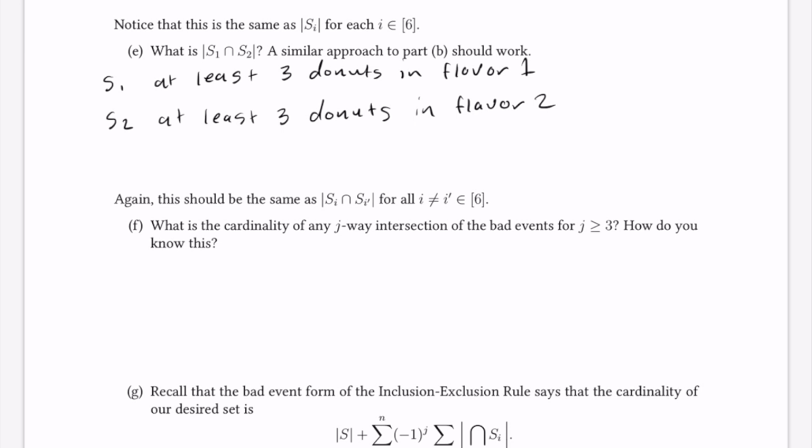So we can set these 6 donuts aside, and because we are picking 7 donuts in total, this leaves us 1 last donut where we need to pick a flavor for it. And since there are 6 different flavors, this gives us 6 possibilities.